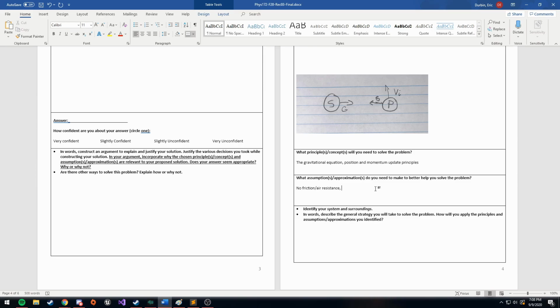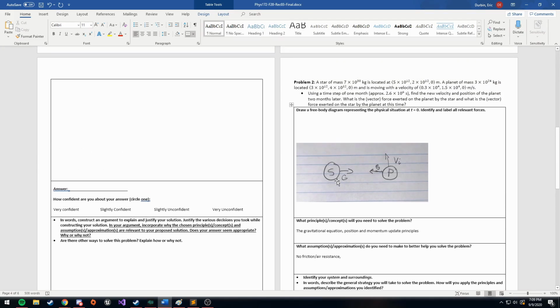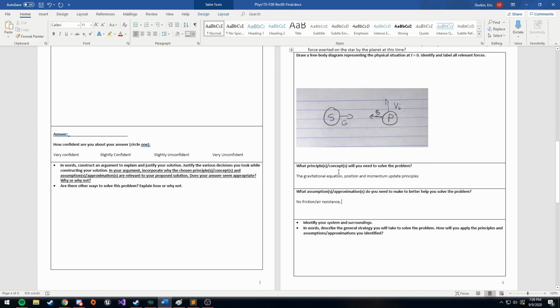I'm also going to say that the sun's velocity is 0 because it doesn't actually tell us. Velocity of the sun is 0. And I think that's it.